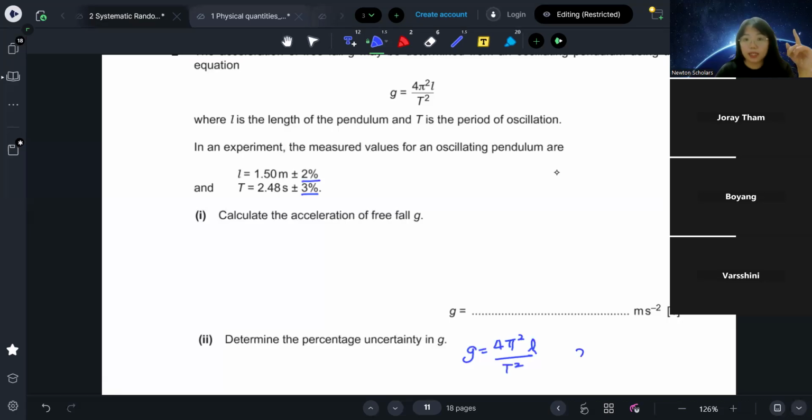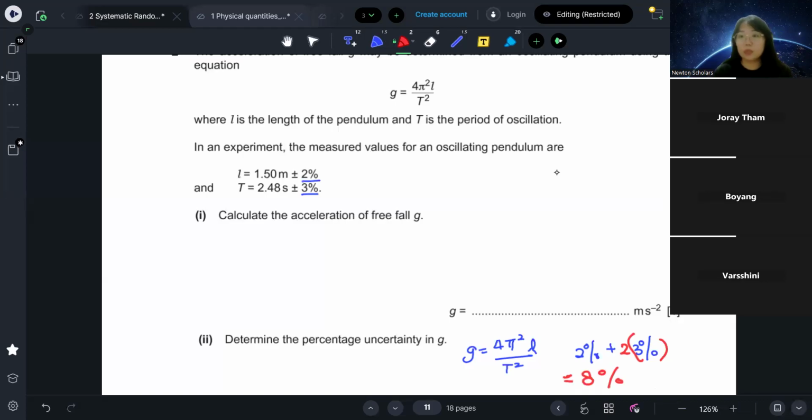So here, the length is 2% plus the T 3%. But don't forget, this is T square. Square, that means the 2 I have to move here and times it. So our answer should be 8%.